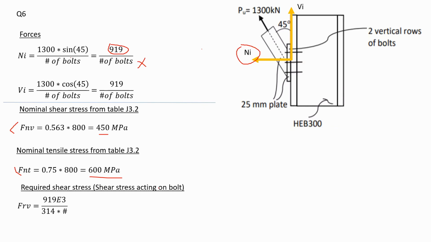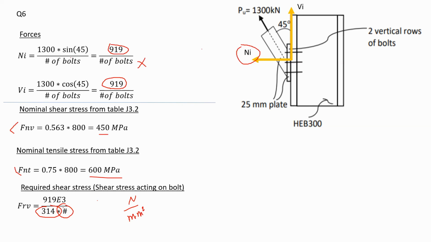I need the required shear stress, or the shear stress acting on a bolt. So FRV, the required shear stress, is actually VI divided by the area of one bolt multiplied by the number of bolts. If you do that, you would get the unit newtons per millimeter squared or megapascal. So that's the required shear stress.